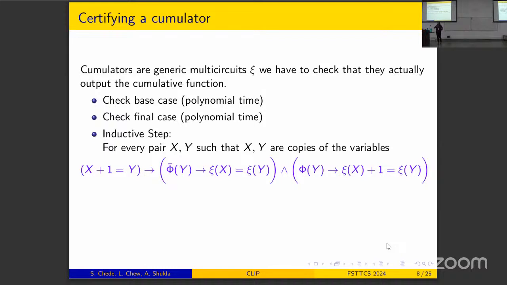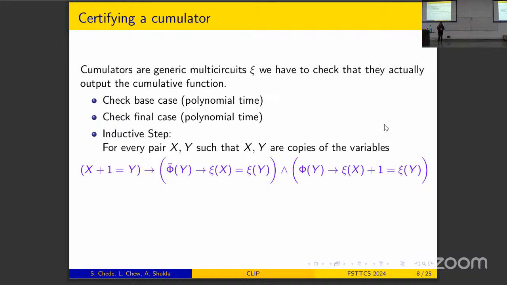Then the remaining cases can be written as an inductive step. Like if y comes after x, the model count returned should be exactly equal to x plus 1 based on whether it's a model or not. Is it simple? See, if y comes just after x, then the model count should only increase by at most 1, and that 1 should depend on whether y is a model or not.